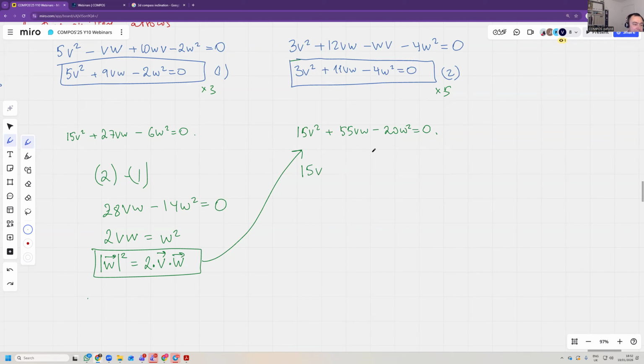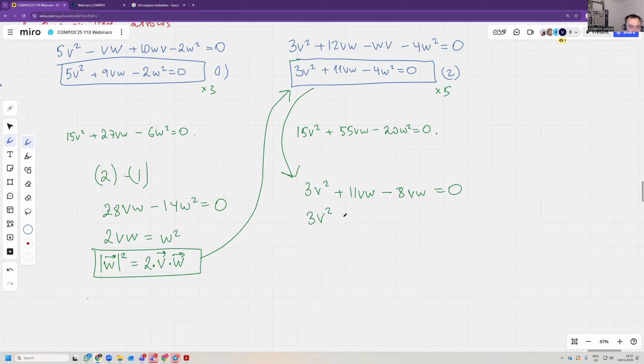Why would we? We put that into here, and then we get 3v squared plus 11vw minus 8vw equals 0. 3v squared plus 3vw is equal to 0.